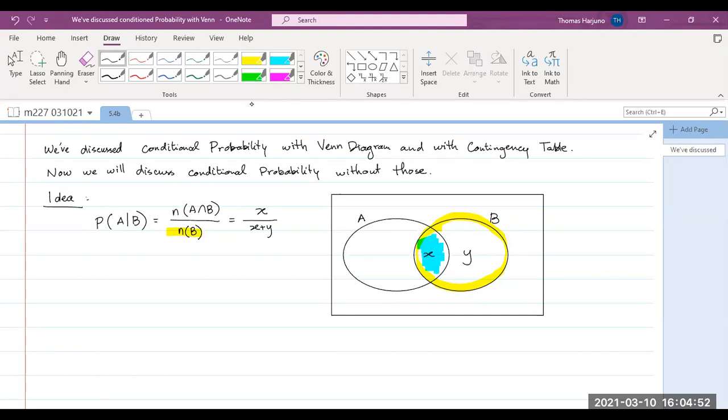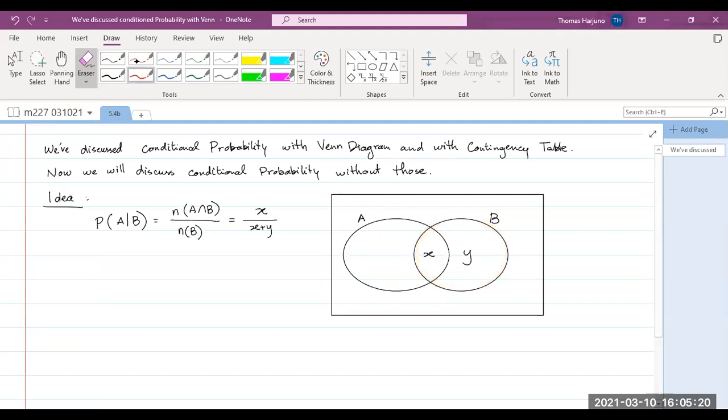Now, we will develop this formula a bit further, such that instead of computing the number of elements, we will change that into probability. Now, what I want to show you is, give me a second. I want to erase the yellow one, but it's kind of hard to erase.